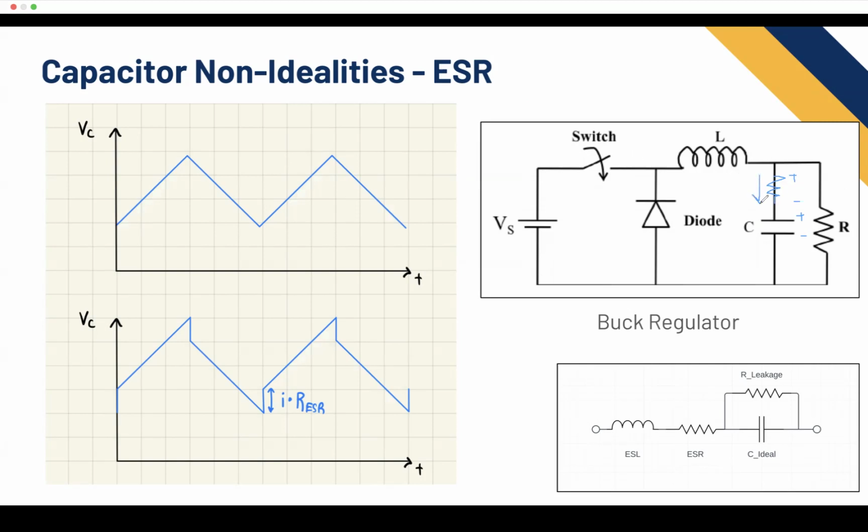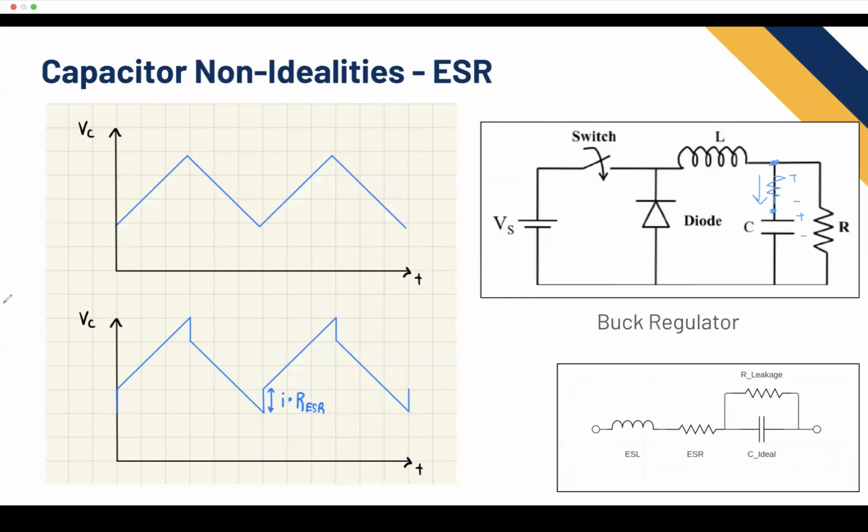So if we have current going through here, you're going to have a voltage drop across this resistor and then another voltage drop across the capacitor. So when current's coming in, your voltage at this node is actually higher than the voltage on the capacitor, right? And that's why you have this bump up as our capacitor is getting charged.